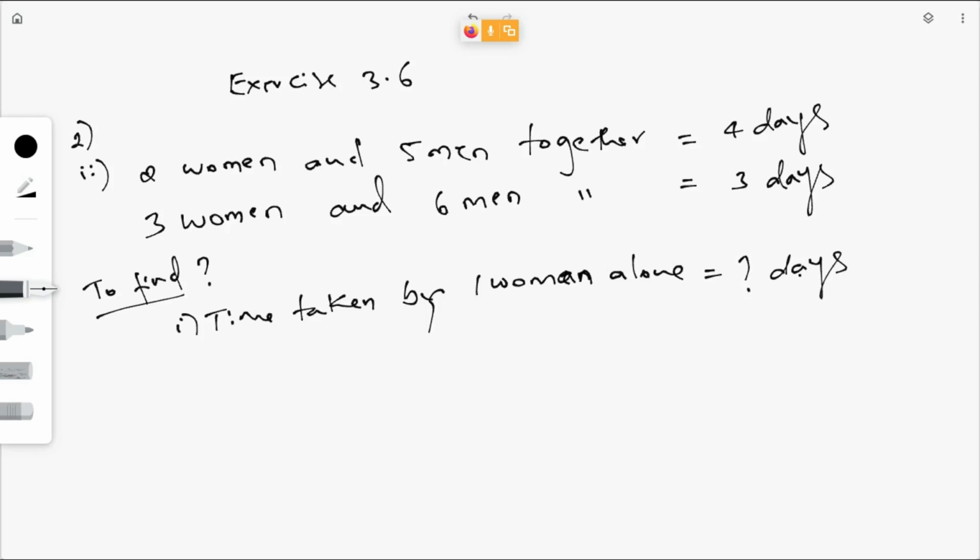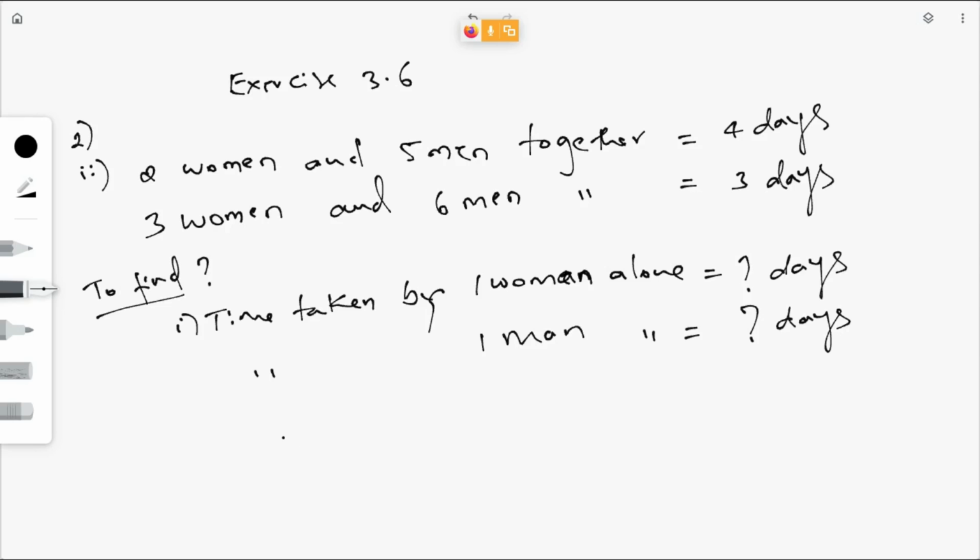That we need to find. And also the time taken by one man alone. If a man works on this embroidery work alone, then how many days will he take? Fine. So this is the given question, right?